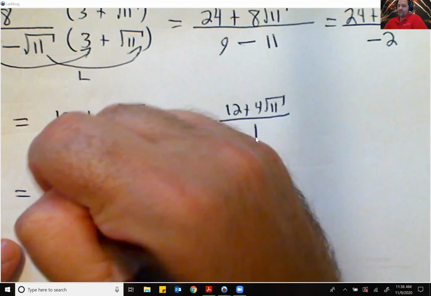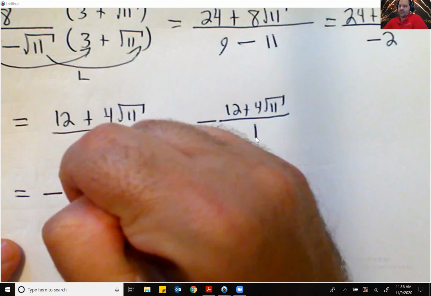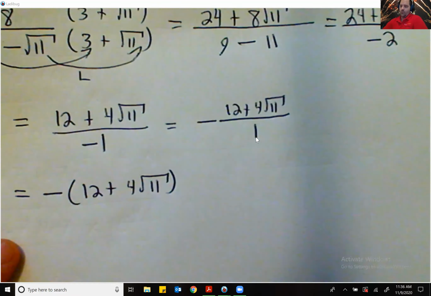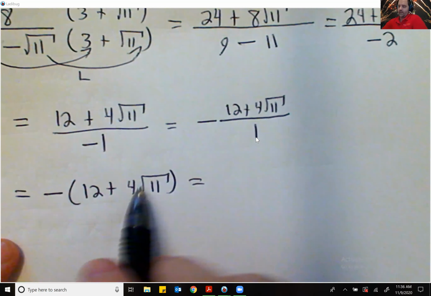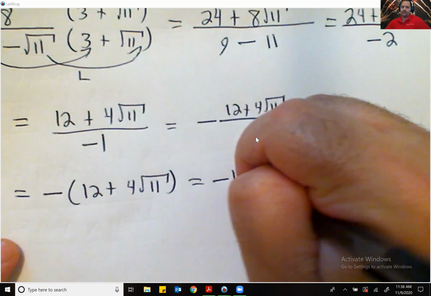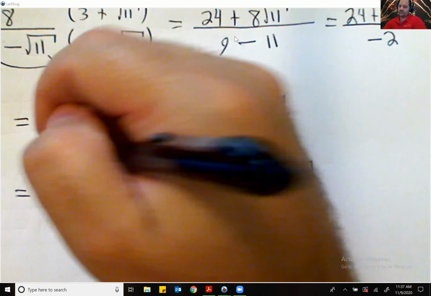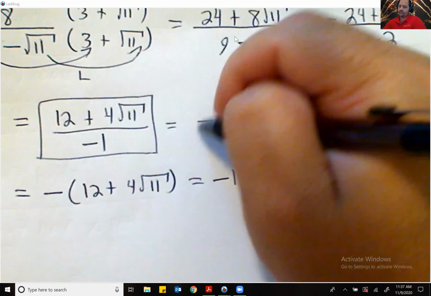So you can have a negative with parentheses 12 plus 4 square roots of 11, or you can distribute that through and get negative 12 minus 4 square roots of 11. All of these are good math.